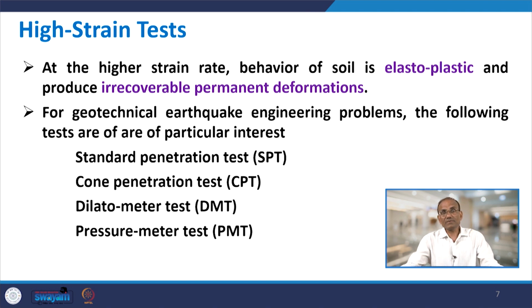For geotechnical earthquake engineering problems, the following tests are of particular interest: one is SPT, standard penetration test. Then we have CPT, cone penetration test, dilatometer test, and pressure meter test. So, these 4 tests we are going to discuss one by one today, and all 4 fall in the category of high strain test, where you have permanent deformations.